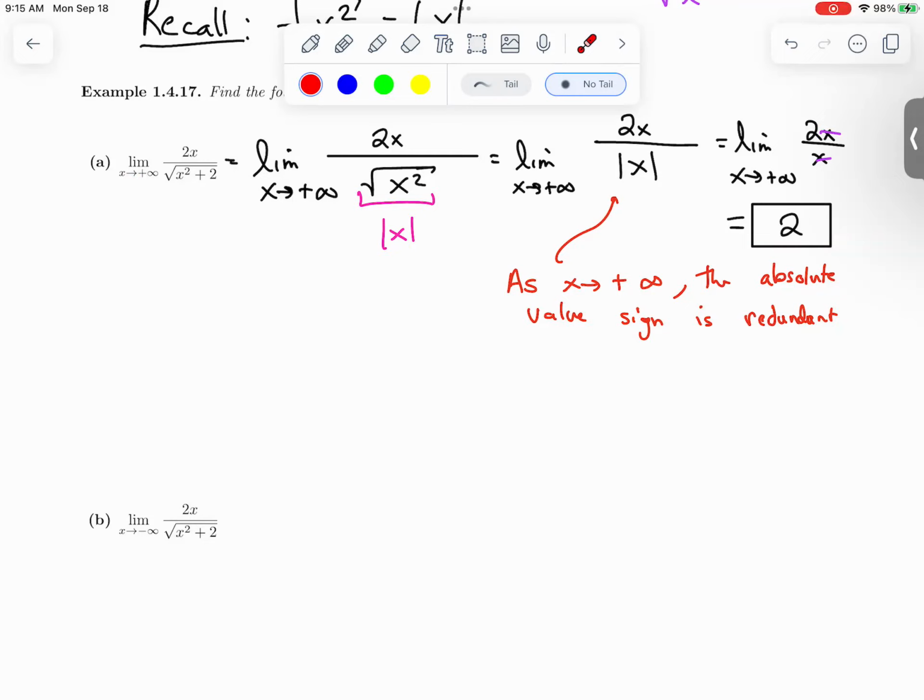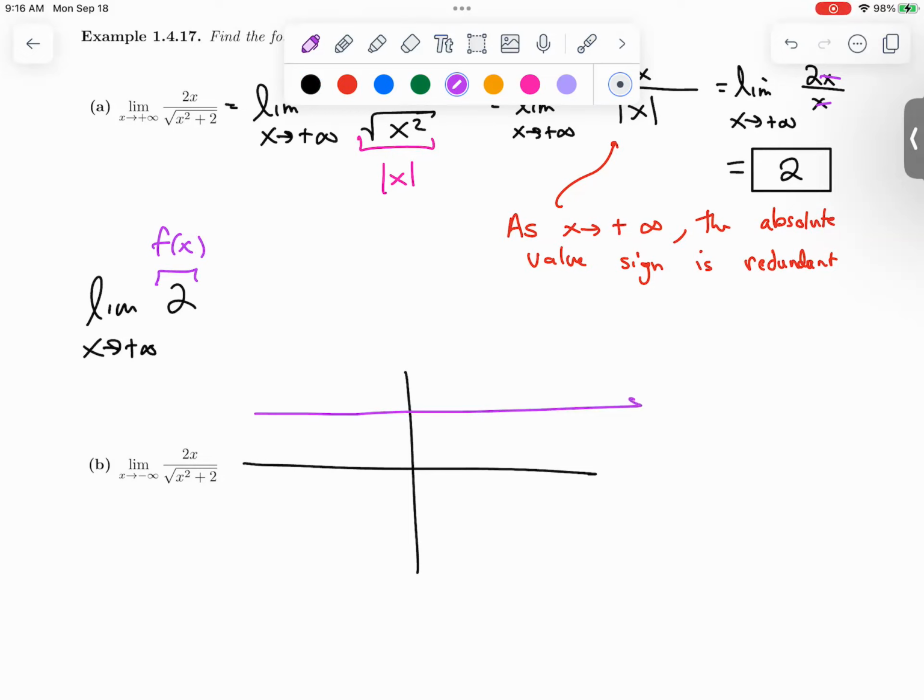That's the constant function 2, which is a horizontal line, right? And so as x goes to infinity, the y values tend to 2 always. And that's another reason why the constant rule works here. But I digress. So yes, we're using the constant rule to show that it's going to be 2.